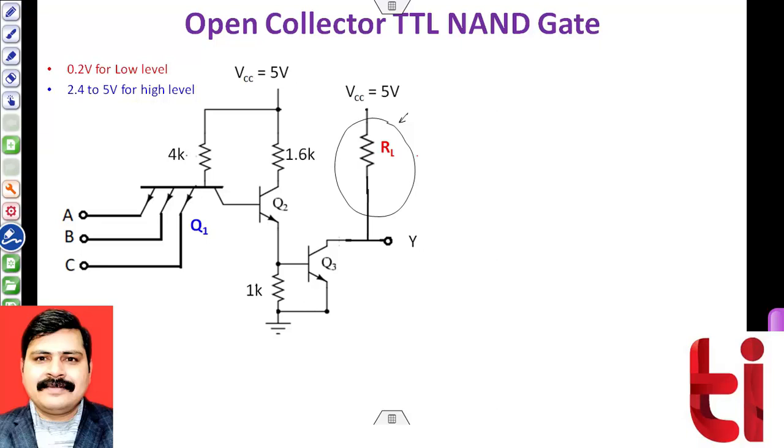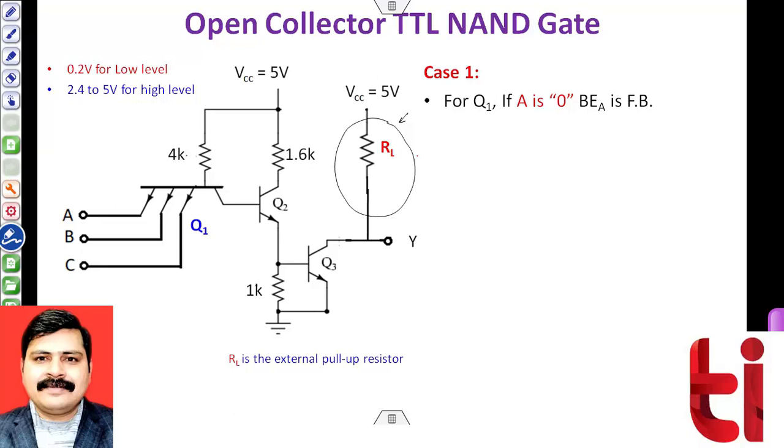In this discussion, we will use 0.2 volt for the low level, and 2.4 is the minimal value and 5 is the maximal value for the high level. And this RL is the external pull-up resistor which is used to pull up the output voltage.